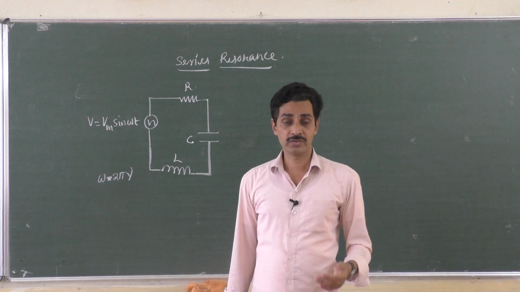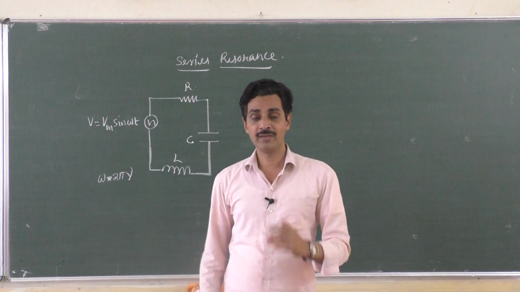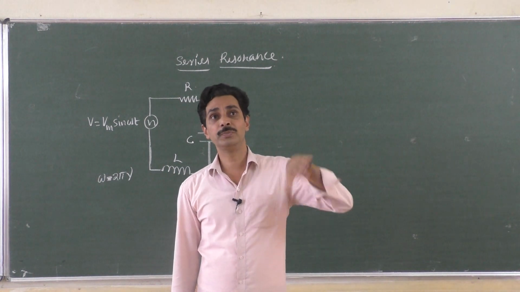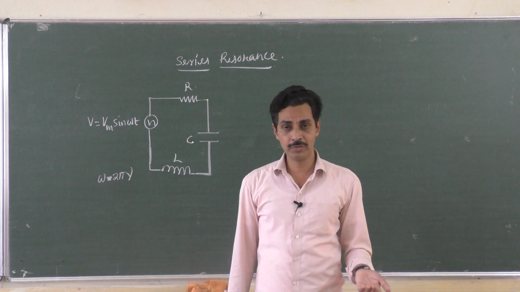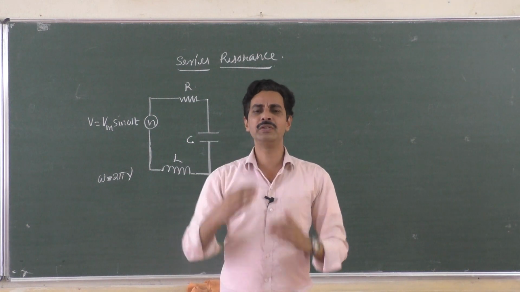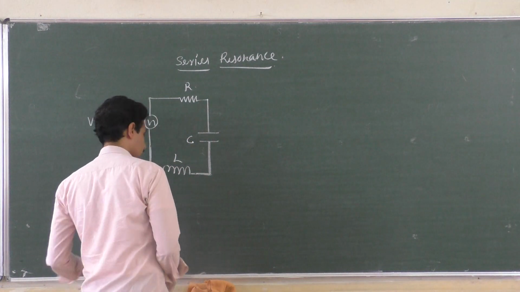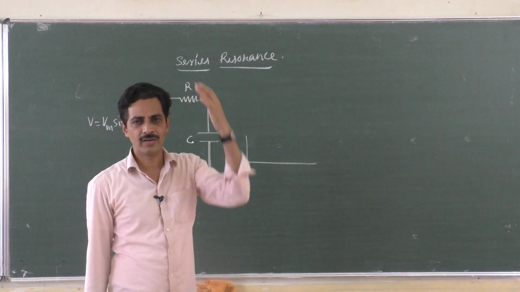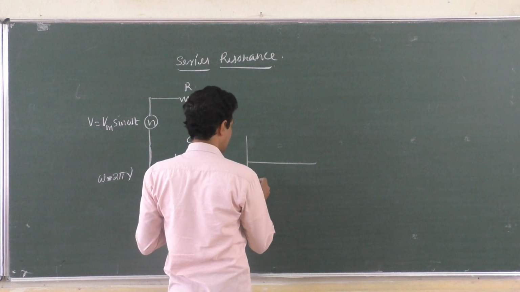If you get an AC source, you will have two variable knobs on it. One can vary the amplitude of the AC. You can change that AC of peak to peak value 10 volt, or 5 volt, or 2 volt. So you can change the peak to peak value. That is what you call the amplitude of AC. In an alternating voltage source, you have one arrangement that is usually called an oscillator. An oscillator produces different AC voltages or alternating currents.